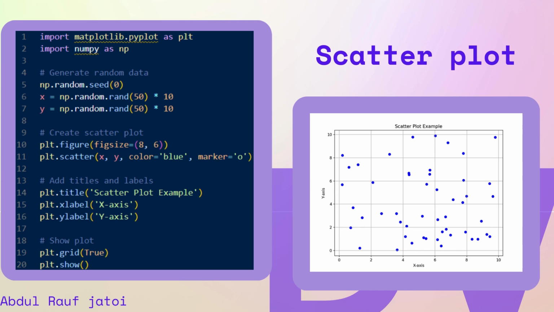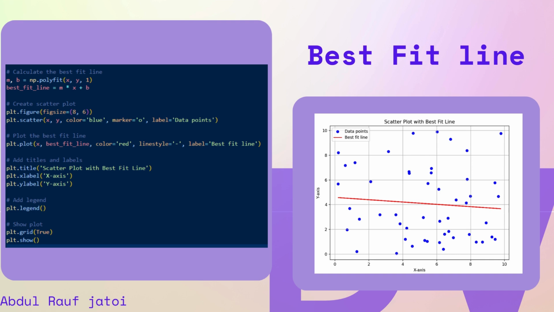Now we can also add the best fit line, or regression line, to the plot. This data doesn't have a pattern, so the regression line is not so perfect, but let's see. Here you can see we can assign the regplot, which is the best fit line, in red color.